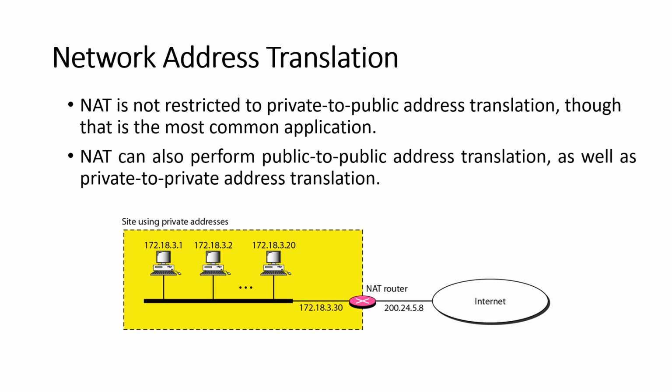Additionally, NAT can handle private to private address translation, allowing communication between two private networks that use overlapping IP address ranges. This versatility makes NAT a valuable tool for network management, enabling efficient routing and communication across various network configurations while maintaining the security and integrity of the internal network.